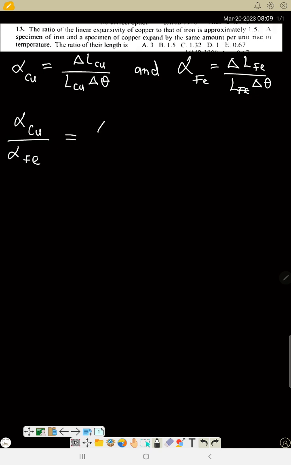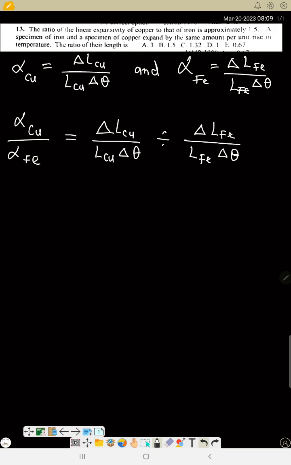So that means change in length of copper divided by original length of copper per degree rise in temperature divided by change in length of iron divided by length of iron per degree rise in temperature.